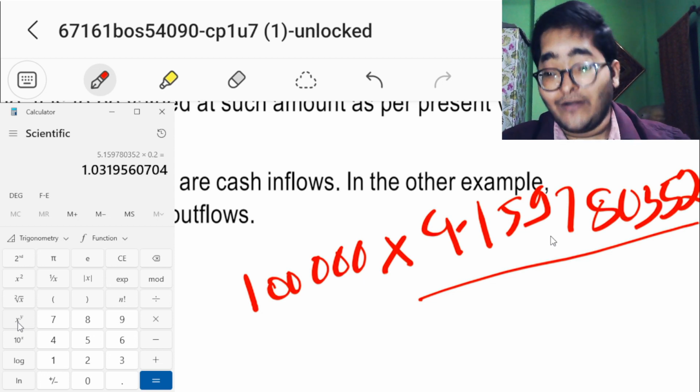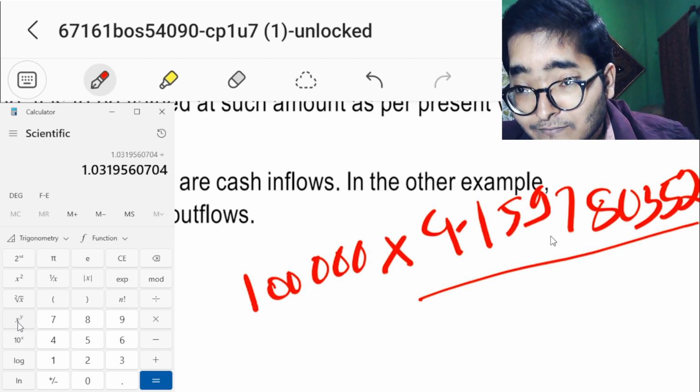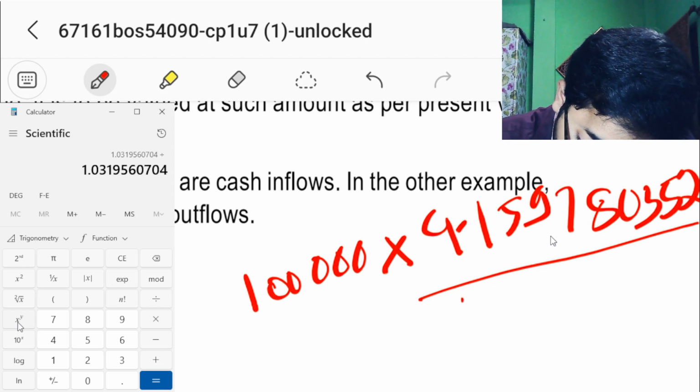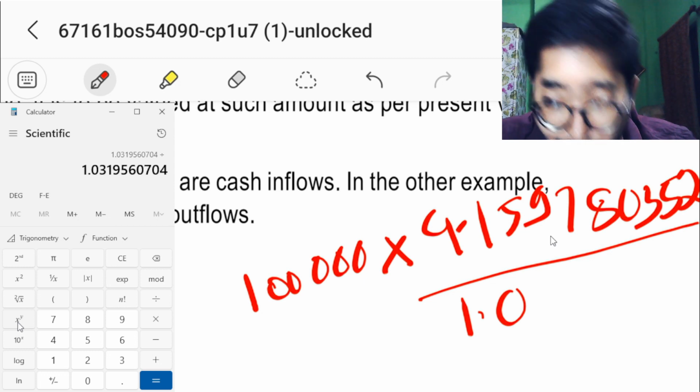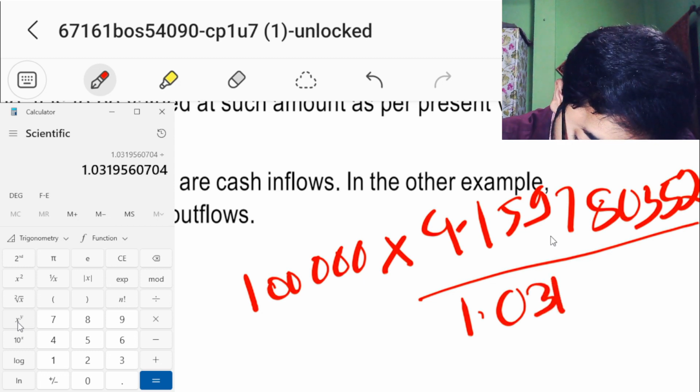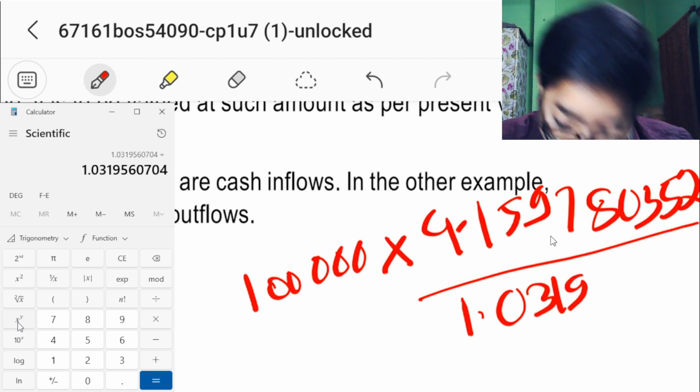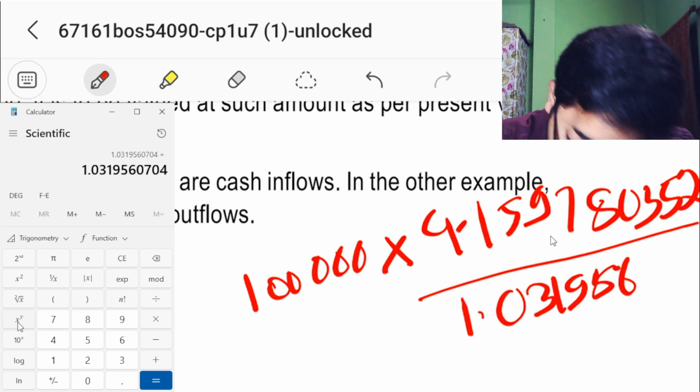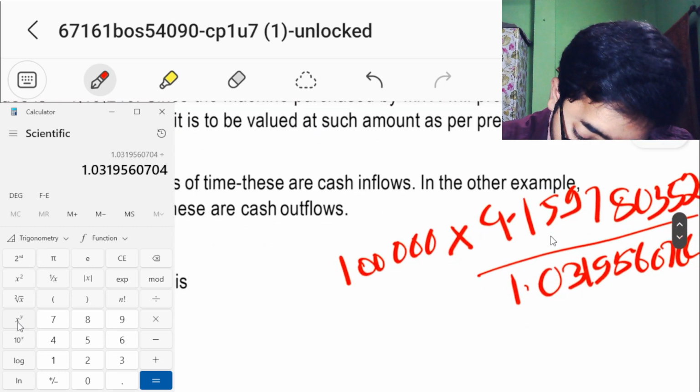This would be our denominator. 1.0319560704. This is our calculation.